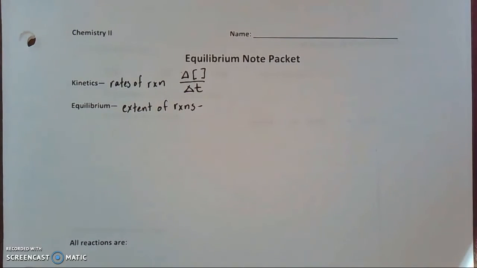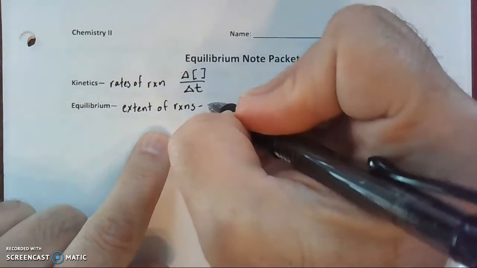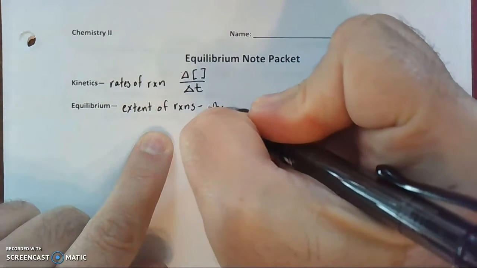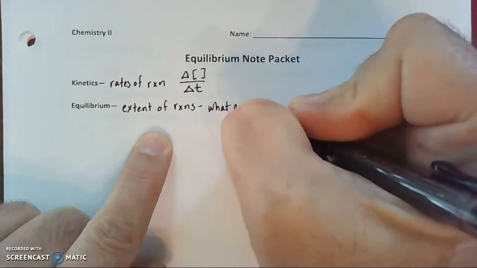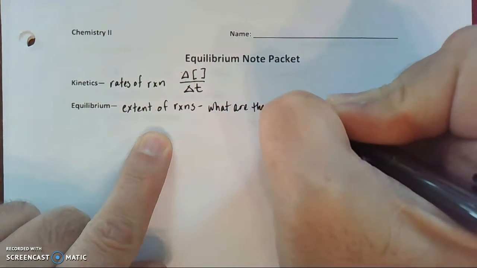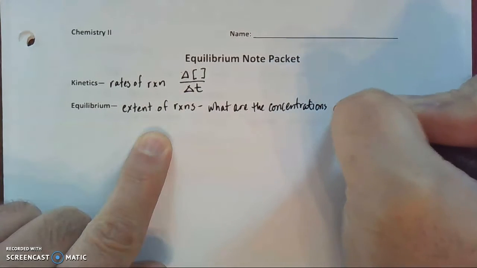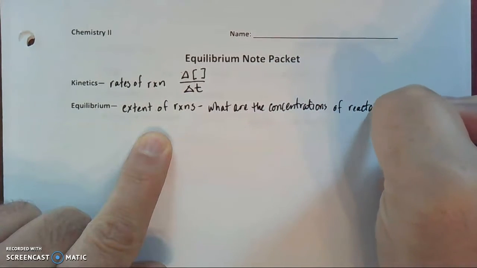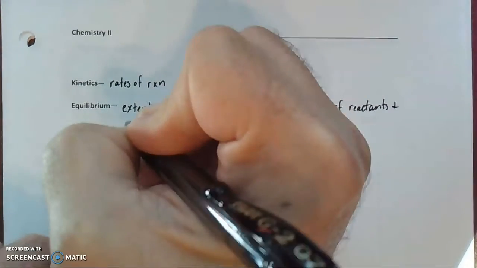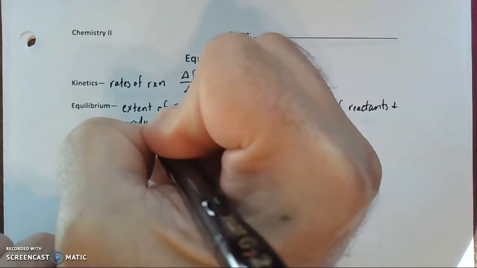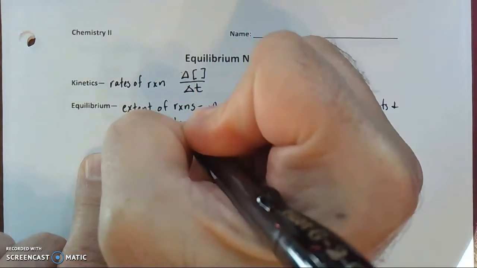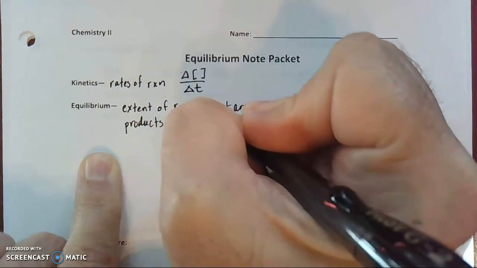So we look at certain things with equilibrium, such as what are the concentrations of reactants and products when no further change occurs?